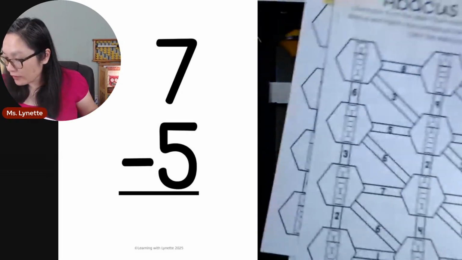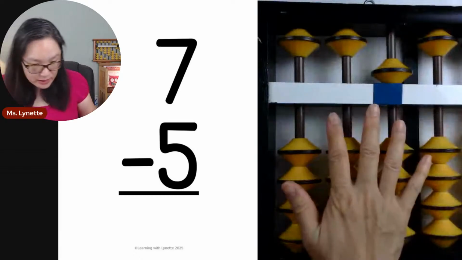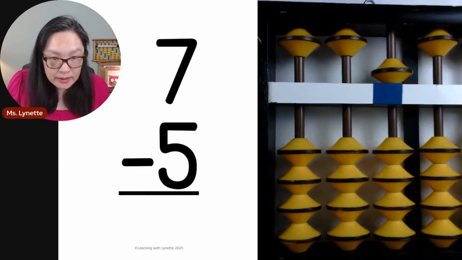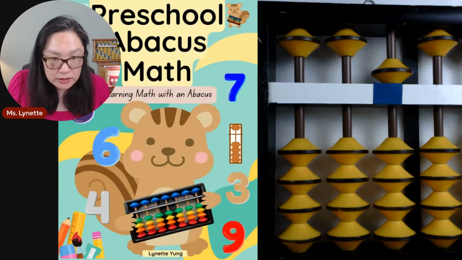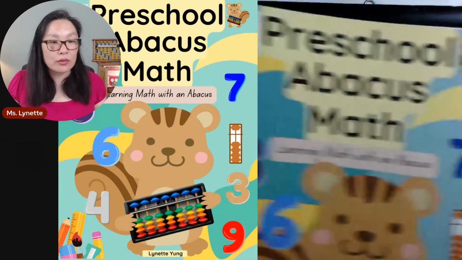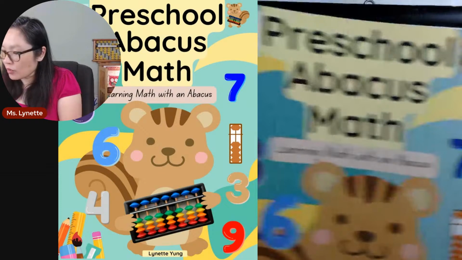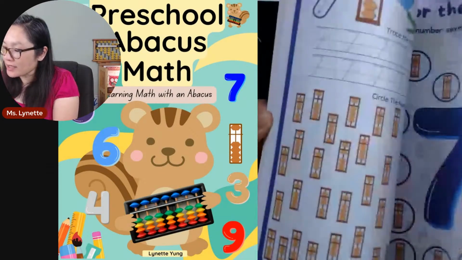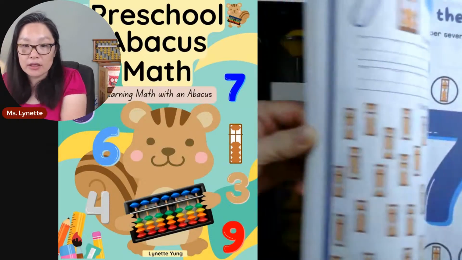So we have our maze, and then we have our abacus. This is the abacus and we were counting. This is the book I was talking about, where I've created and am trying to make it more exciting for the kids. The first thing is to understand the beads, right?